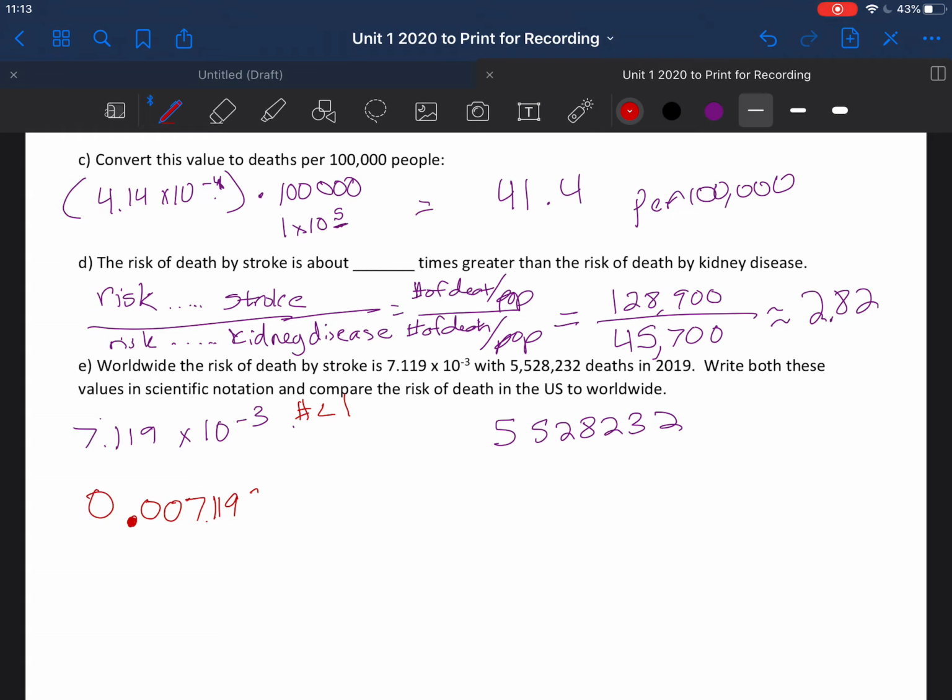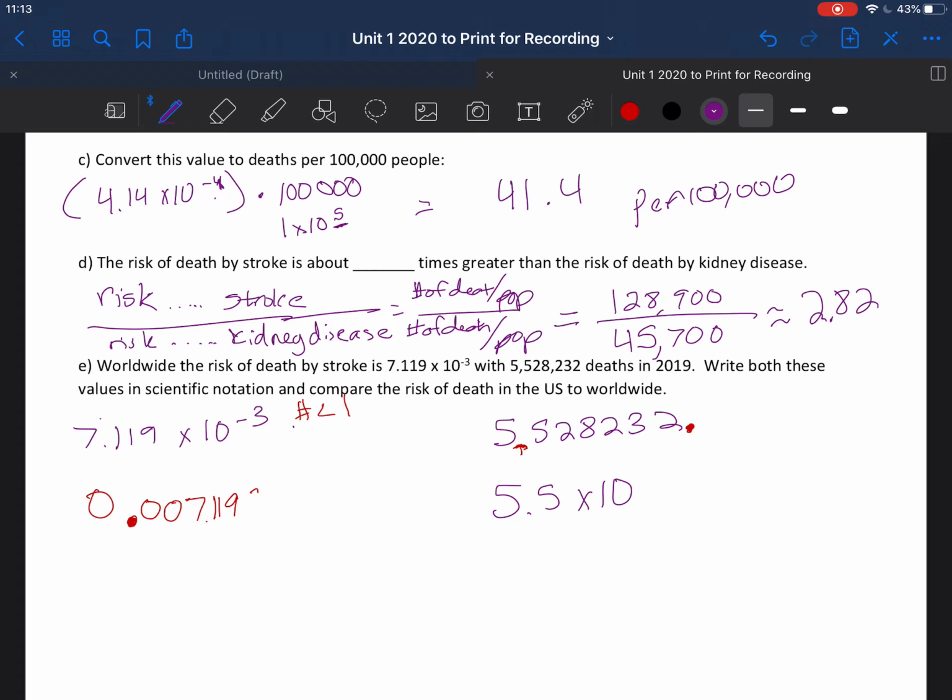Let's also do the deaths to scientific notation. The decimal point is right here. And if I want a number between 1 and 10, it's going to go right here. I am also going to, in this process, round it a bit. Watch, you may not always be asked to do that. But I'm going to change this just to 5.5 because otherwise there's really not much benefit to scientific notation.